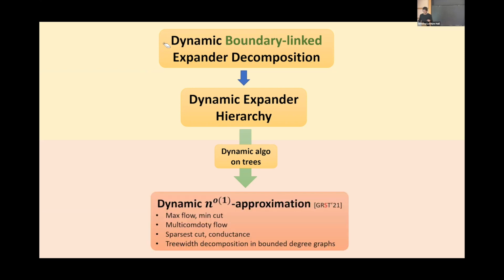And from that, you basically get a dynamic approximation algorithm for a bunch of stronger problems, like max flow, min cut, multi-commodity flow, and so on. Yeah, so this is how we obtain a dynamic algorithm for this harder problem, but with a big approximation.